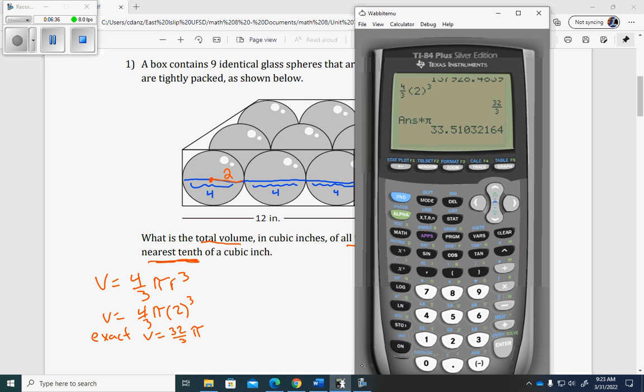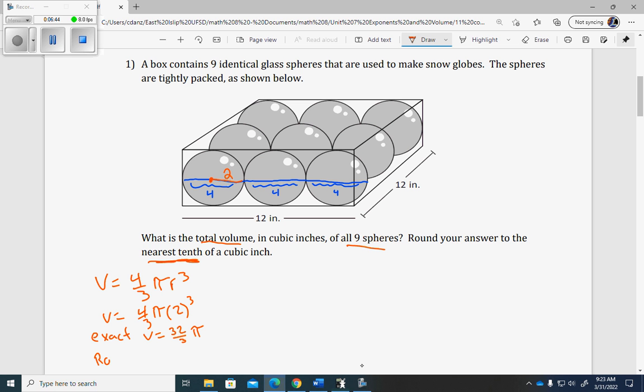And I can see that the rounded answer to the nearest tenth would be about 33.5. And that would be inches cubed.